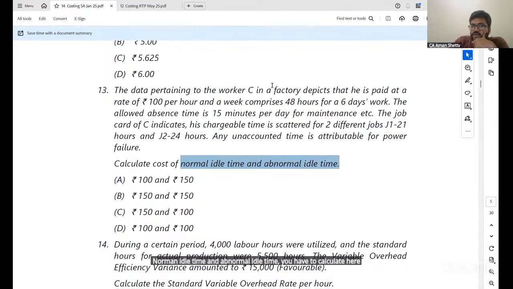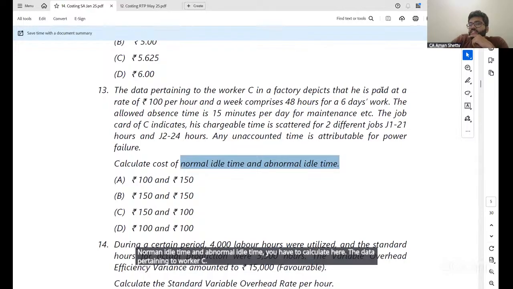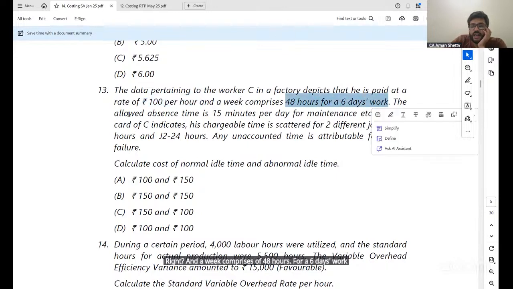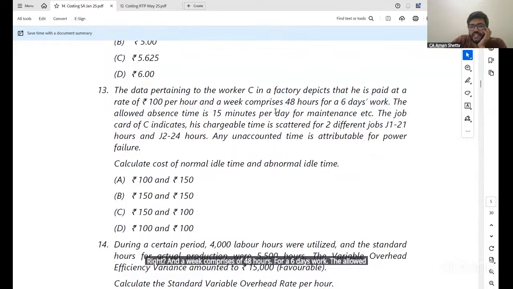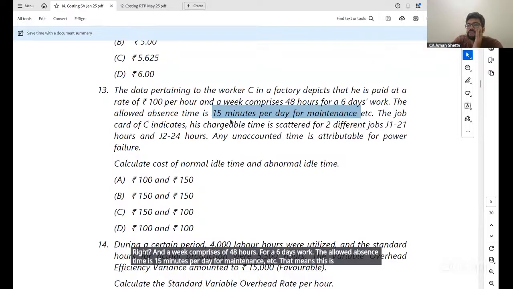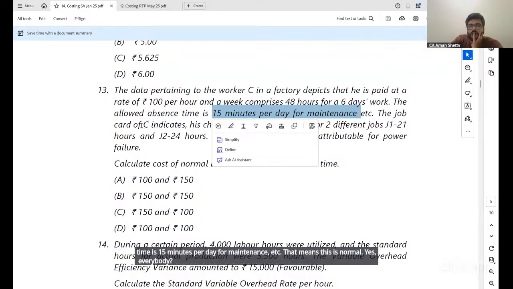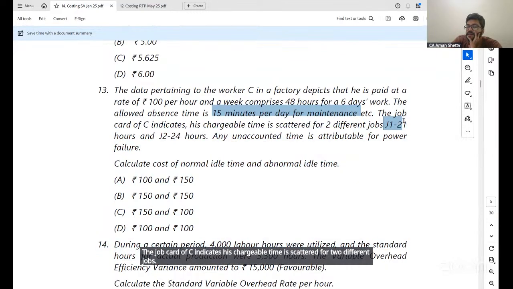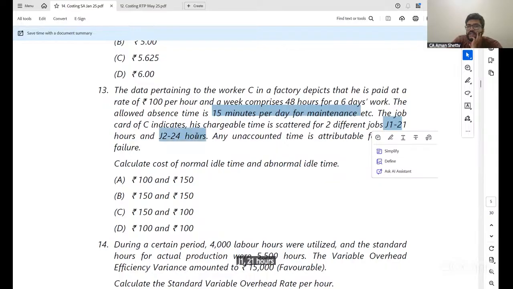The data pertaining to worker C in a factory depicts that he is paid at a rate of rupees 100 per hour, and a week comprises 48 hours for 6 days of work. The allowed absence time is 15 minutes per day for maintenance etc. That means this is normal. The job card of C indicates his chargeable time is scattered over two jobs, J1 21 hours and J2 24 hours.